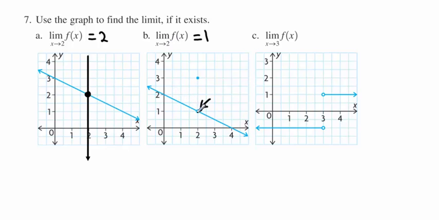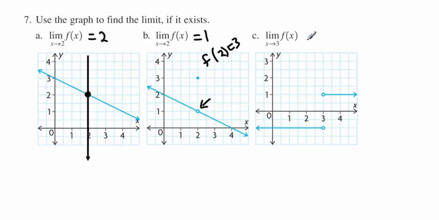Well, as I go towards 2 in the x values, my y values approach that value of 1. It turns out that on this graph, f at 2 is actually equal to 3. But that's irrelevant as far as the limit goes. The limit is just as I'm walking along the curve, what am I headed towards? Well, I'm headed towards that hole in the graph right there.